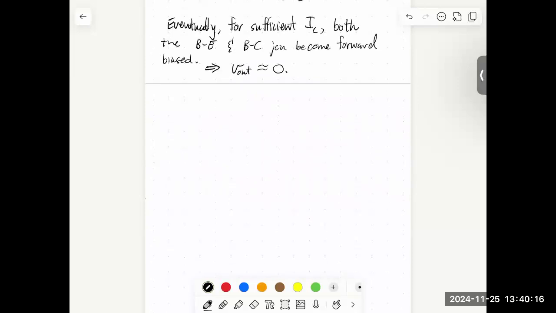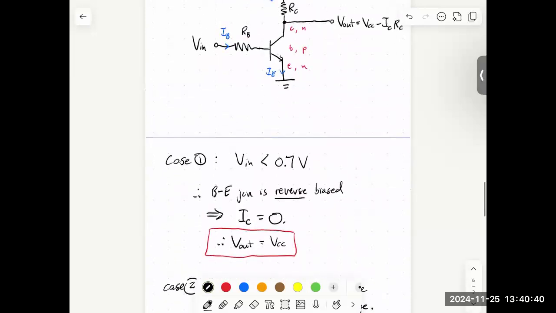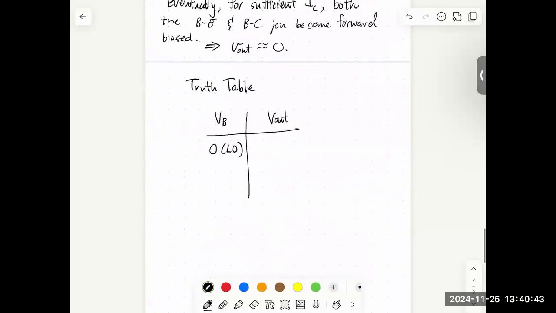Okay, so let's construct a truth table for what we've just talked about. So V base and V out. So we said if we made V in low, which was the first case, less than 0.7 volts, the output was going to be VCC. We could set VCC to be something like 5 volts, and that would correspond to what we were calling high in our digital logic circuits.